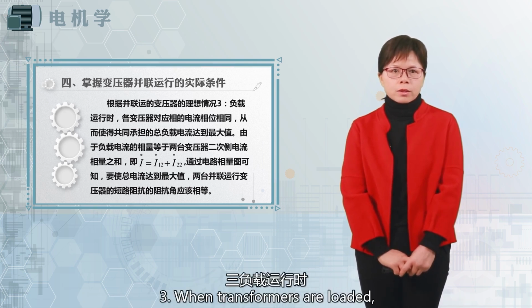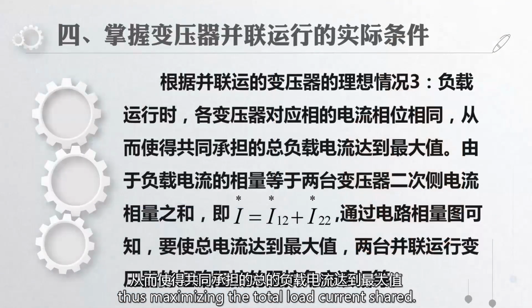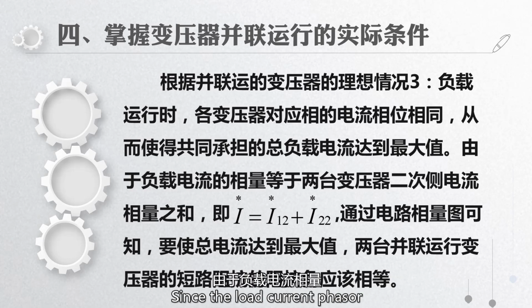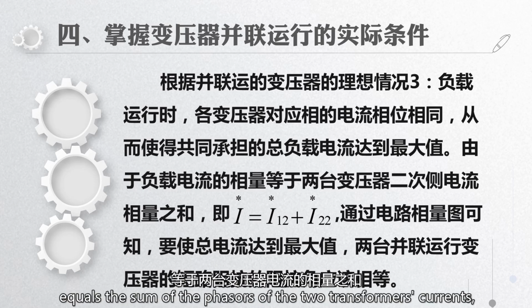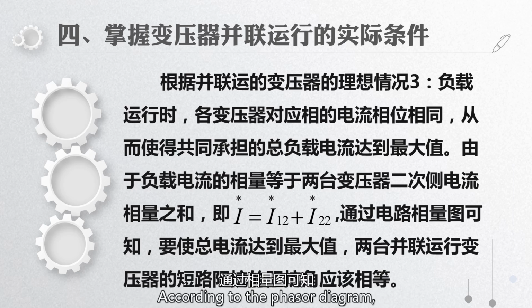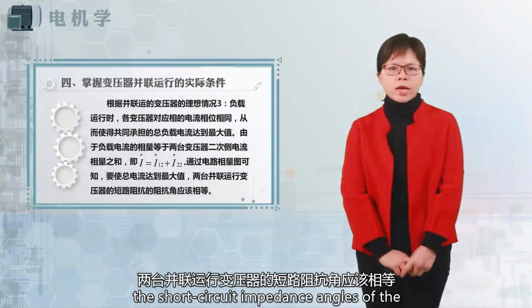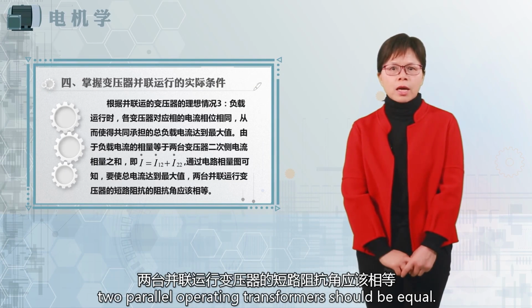When transformers are loaded, the currents of the transformers should be in phase, thus maximizing the total load current shed, since the total current phasor equals the sum of the phasors of the two transformers' currents. According to the phasor diagram, to maximize the total current, the short circuit impedance angles of the two parallel operating transformers should be equal.